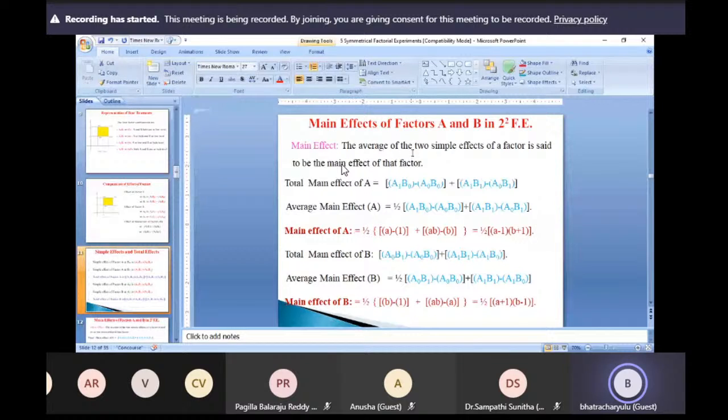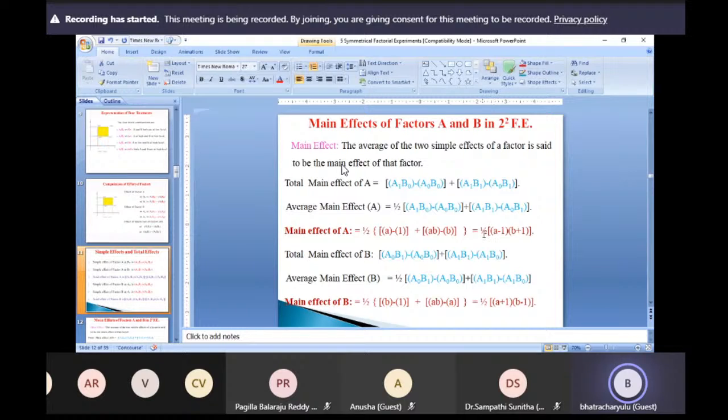The average of the two simple effects of a factor is said to be the main effect. Okay, and similarly for factor B, the two simple effects that you add and divide by 2 give you the average effect that is called the main effect of factor B.